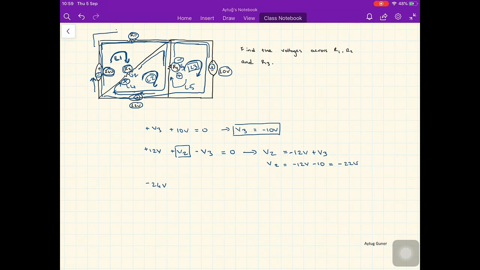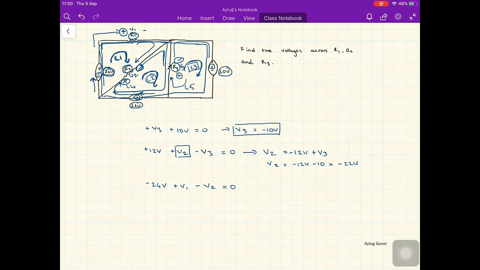Then we can define the voltage across R1 as V1, and let's say this node is positive and the other node negative. So we first see the positive sign, plus V1, then the loop continues in the same clockwise direction, and we see the negative sign, minus V2, and this should be equal to 0.